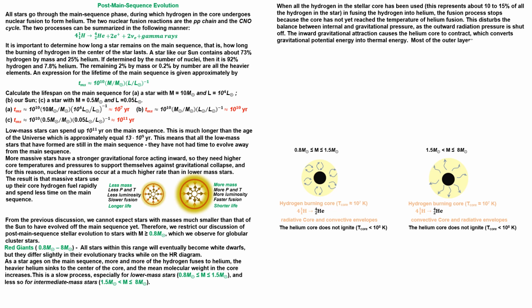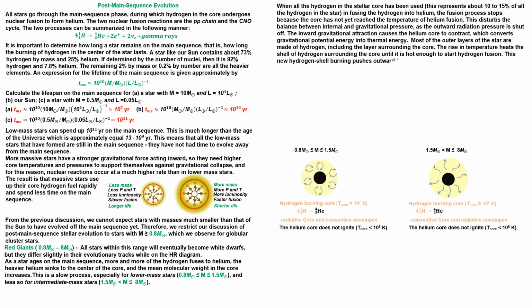Most of the outer layers of the star are made of hydrogen, including the layer surrounding the core. The rise in temperature heats the shell of hydrogen surrounding the core until it is hot enough to start hydrogen fusion. This new hydrogen shell burning pushes outward through the star, causing its outer layers to expand.